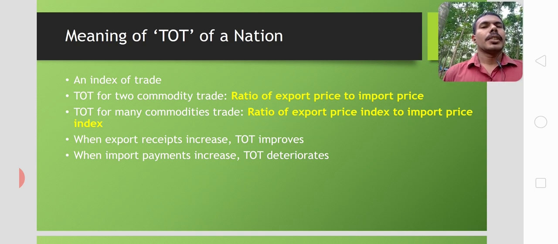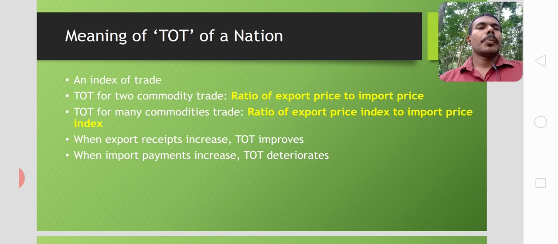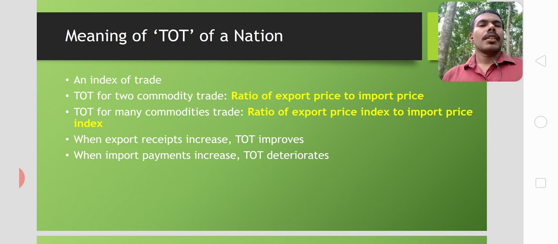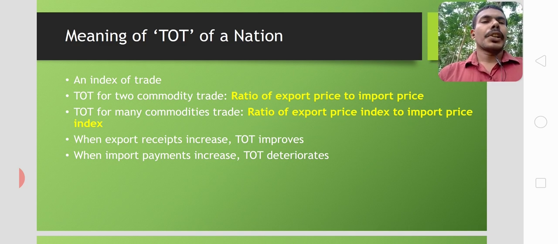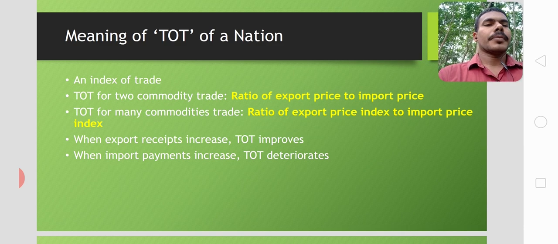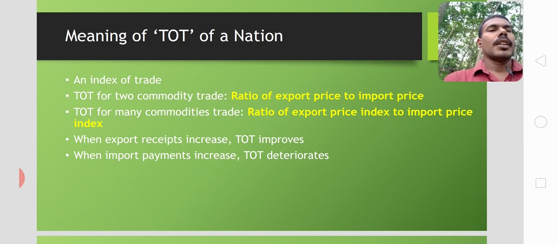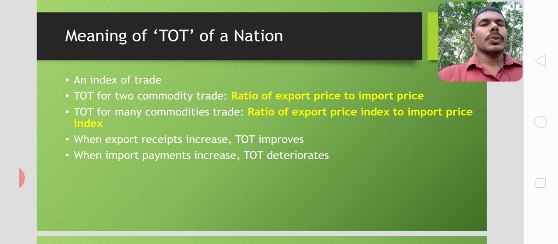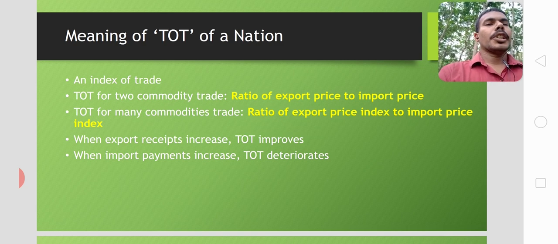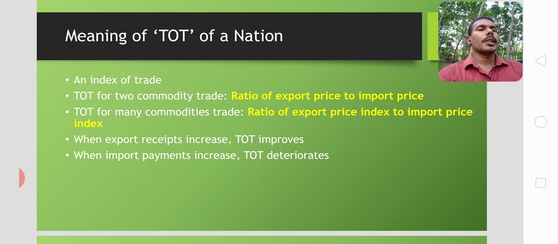For example, India and the United States are huge trade partners in the present world, and many commodities and services have been exported and imported mutually.